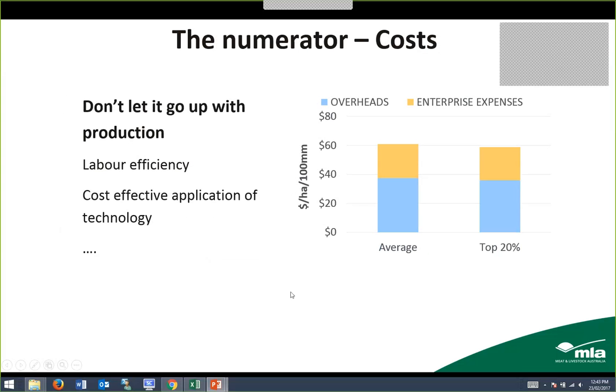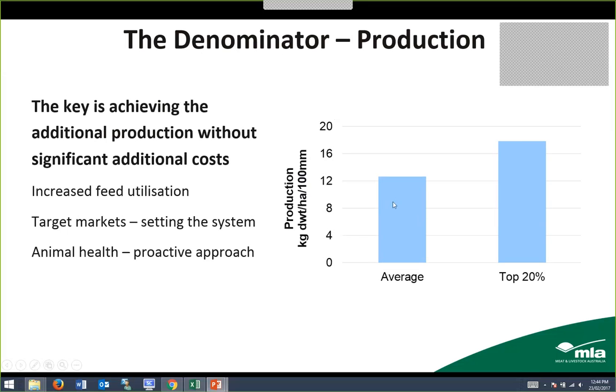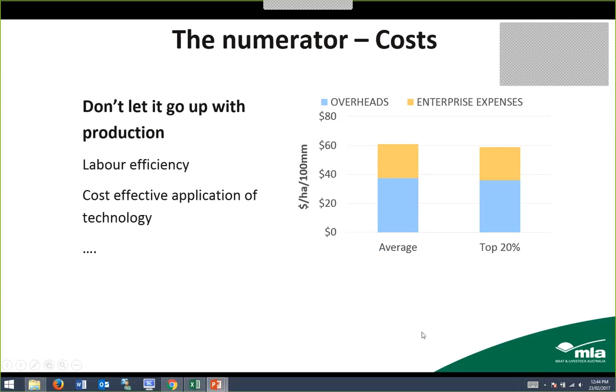So the numerator, look, costs, yes, it's important. If you have a look at it, there's very little difference between the two cohorts on a dollars per hectare per 100 mil basis. So they're achieving, the pre-feeding graph shows they're producing 40% more production, but on a per hectare basis, their costs are very similar.